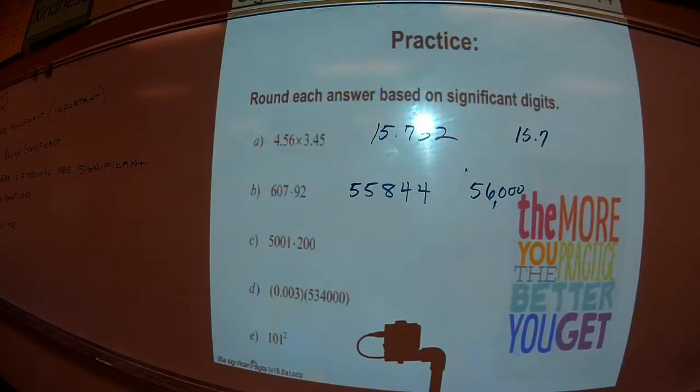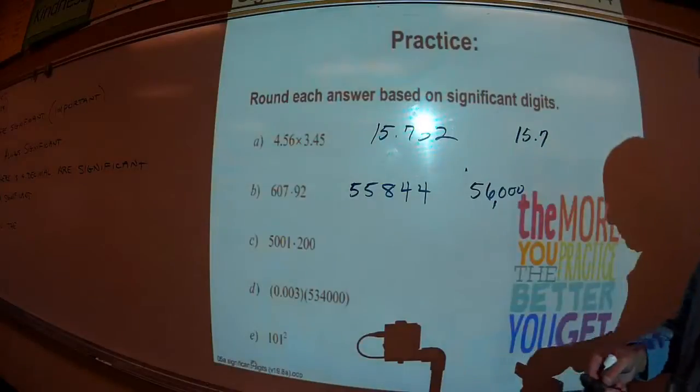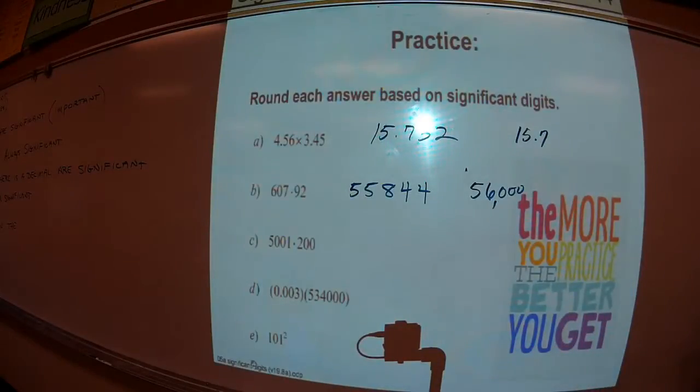So the only number I get to keep is the 1, and everything else has to change to zeros. Letter D. Excellent, excellent. You guys are on it, catching it.